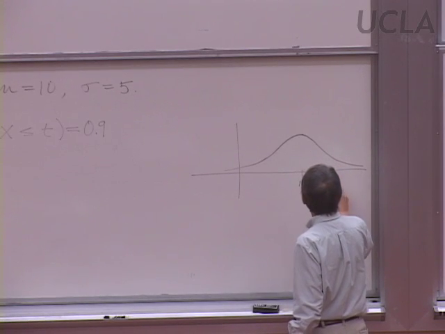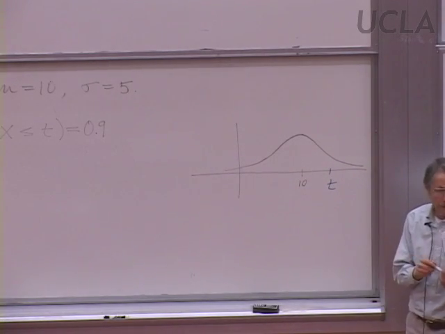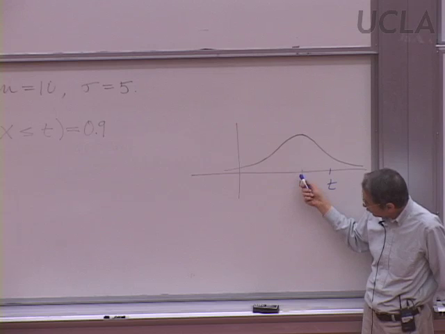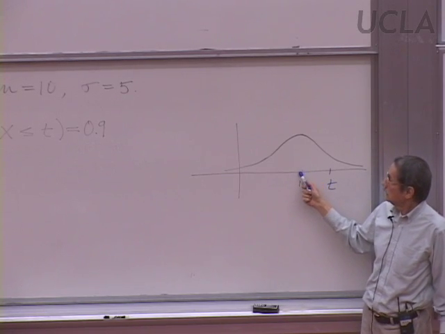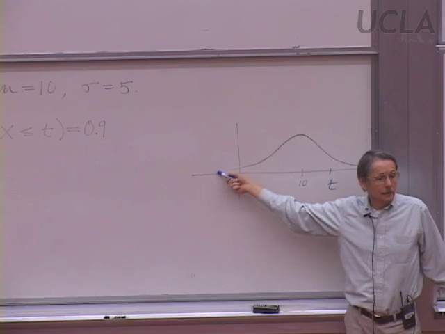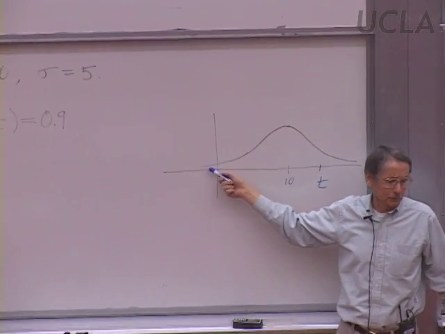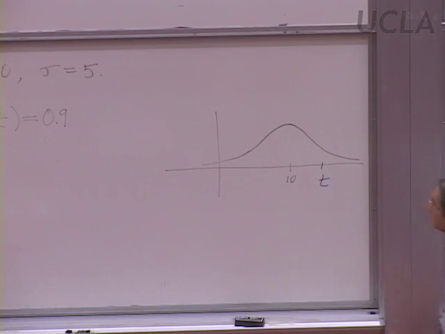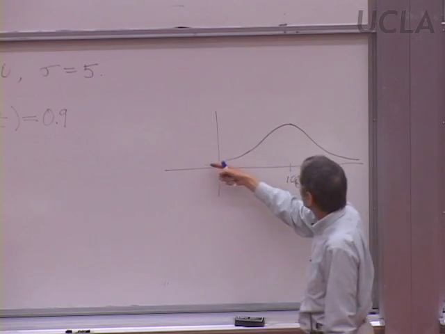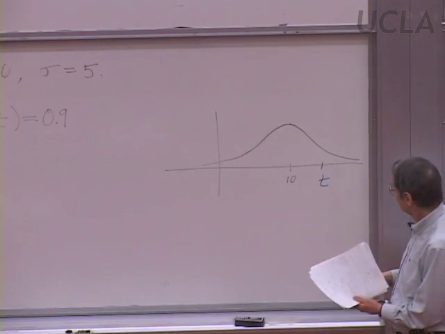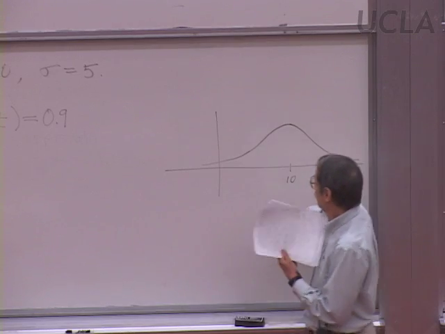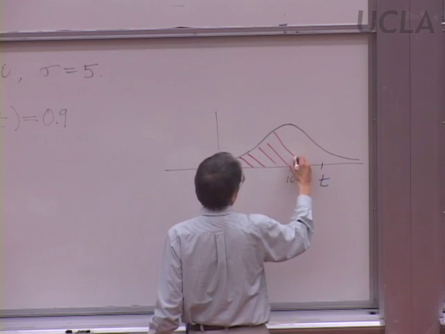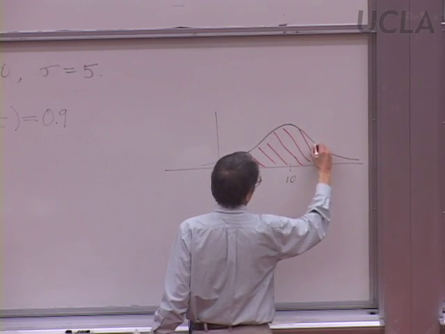So t is going to have to be more than 10. The probability that x is 10 or less, that would only be a half, and from 10 down to 0 would be even less than that. So to get 90%, we'll need the area up to 10 and then some.